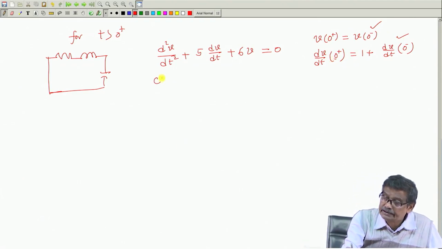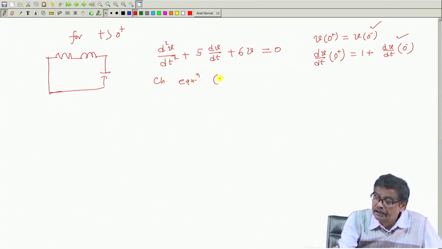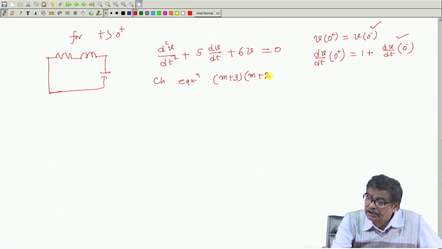Then the characteristic equation, in this case, will be m plus 3 times m plus 2. I am quickly writing this. Roots are not equal for this particular problem. M1, M2 will be equal to -3 and -2.